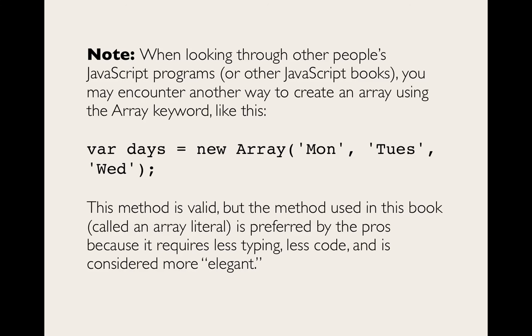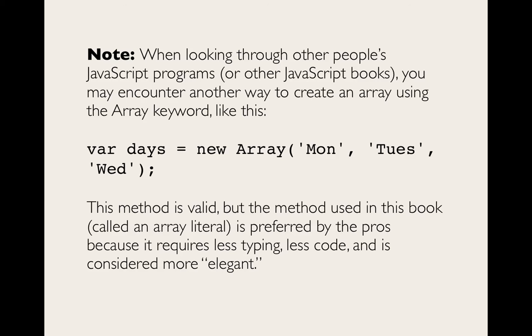Now, when you're looking through other people's JavaScript programs or other JavaScript books, you may encounter another way to create an array that looks something like this. Keyword var, days, name of the array, equals new Array, open and close parentheses with the objects in the array separated by commas.